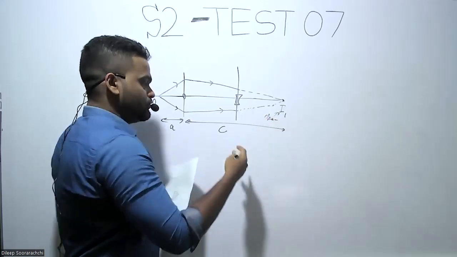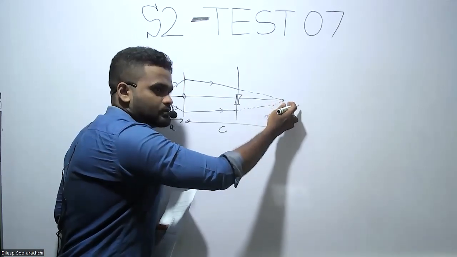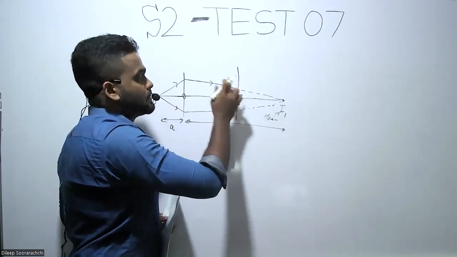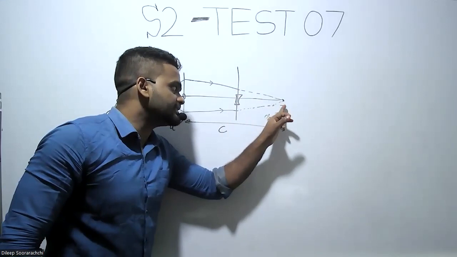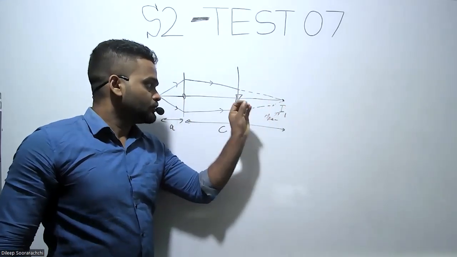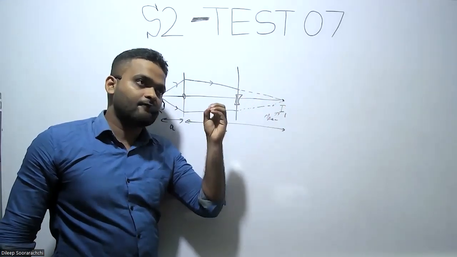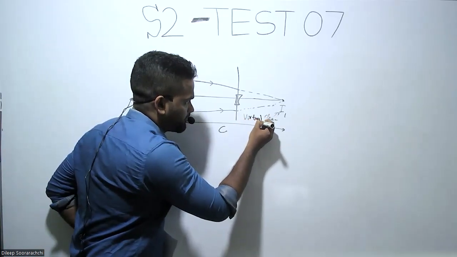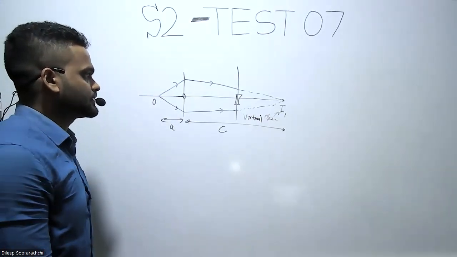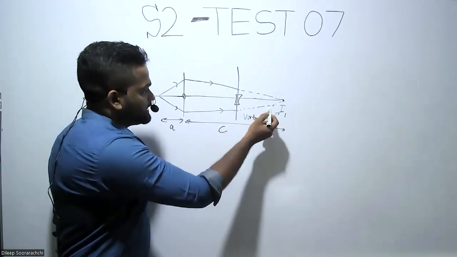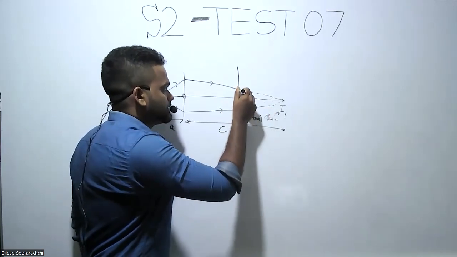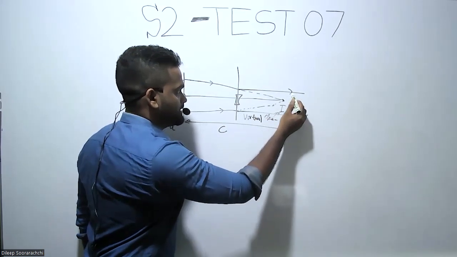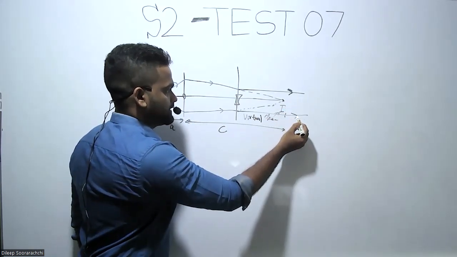We call this an object, but there's actually no object here. It's just the image formed by the convex lens. But the concave lens sees this as an object. So we call these types of objects virtual objects. Then the final image is at infinity, meaning the final rays have to be parallel rays.